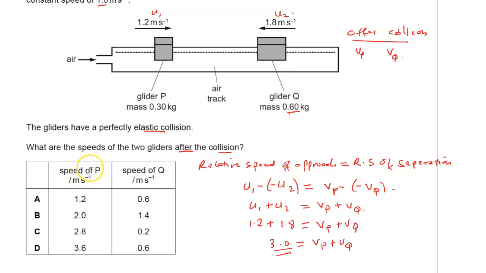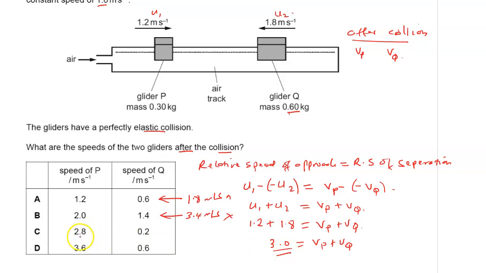Now look at the speed of P and speed of Q after collision. For A, 1.2 plus 0.6 gives 1.8. It is not equal to 3.0, so that is not right. For B, the speeds give 3.4 meters per second, which is not right because we need 3.